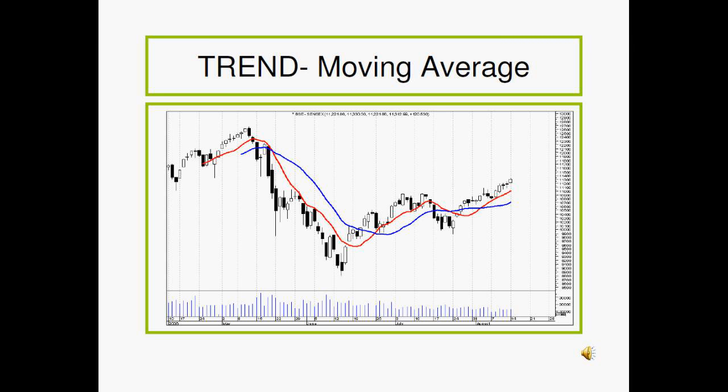So you cannot take a positional call if you are looking at a 5-day mature trend. At the most you can take an intraday call or a 1 day call, as we will be doing when we do the actual exercise.